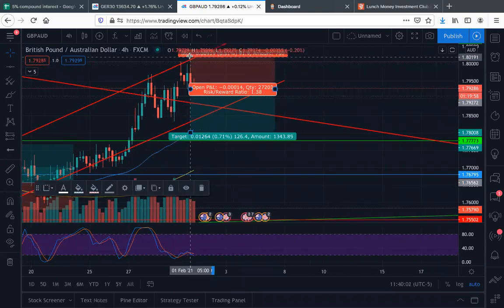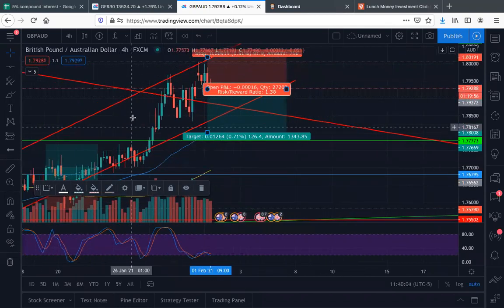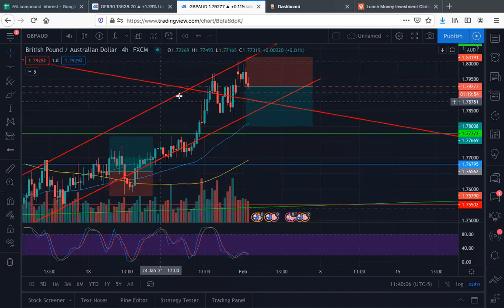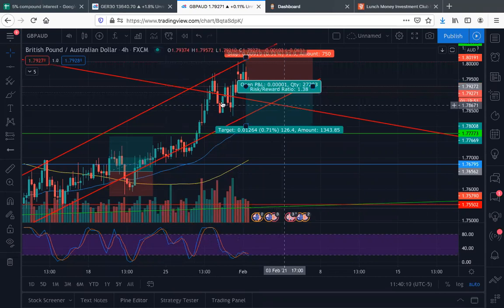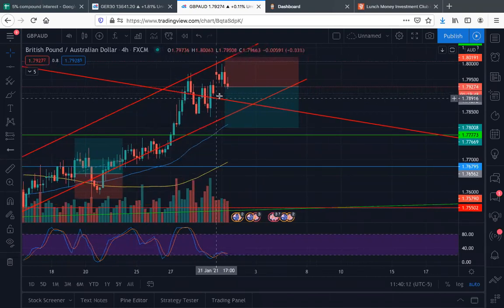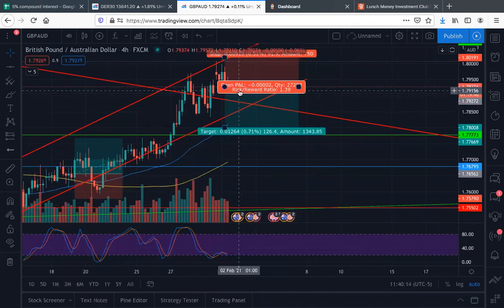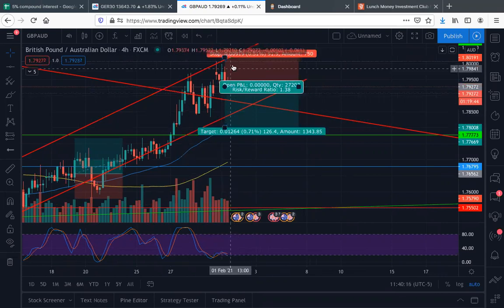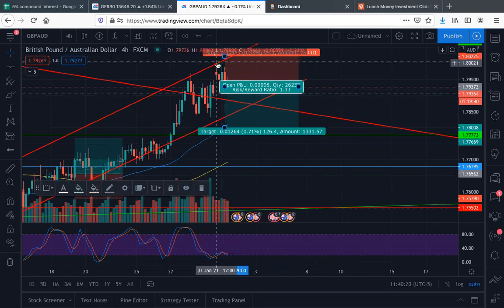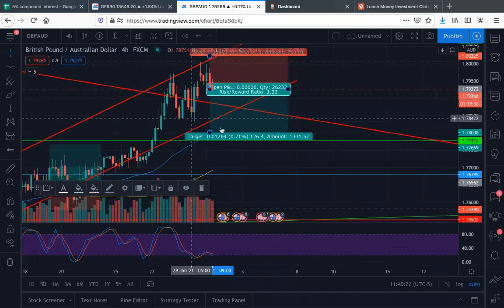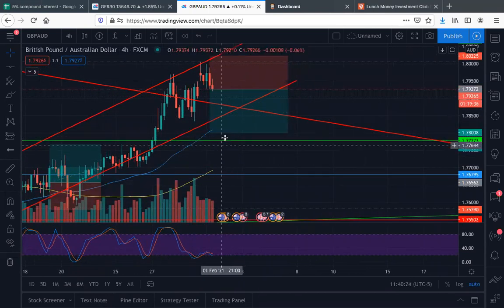Looking at this in the 4 hour, y'all, we have to realize that we did break our trend line. So this is one setup where we have a 1.3 risk to reward, because we have to have our stop loss outside of the head, or the high, and we want to have our take profit above our floor.